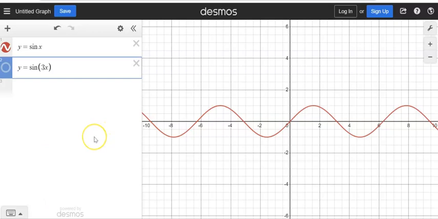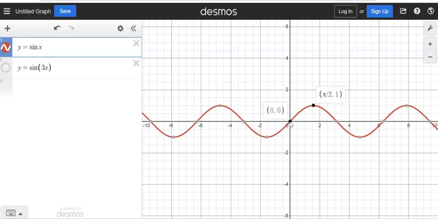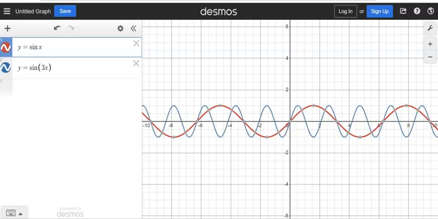So here is a graph of sine x. We can clearly see that it starts at 0, just like our sine should, and goes up here to pi over 2, 0, 3 pi over 2, 2 pi. And that is one period of sine. When I take sine 3x here, I can see that it's changed.